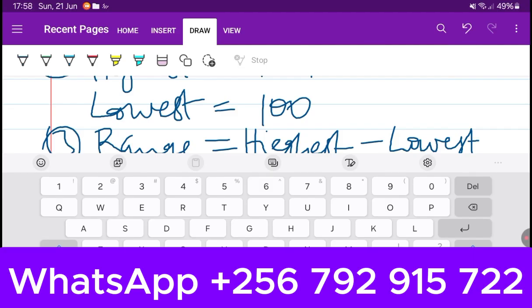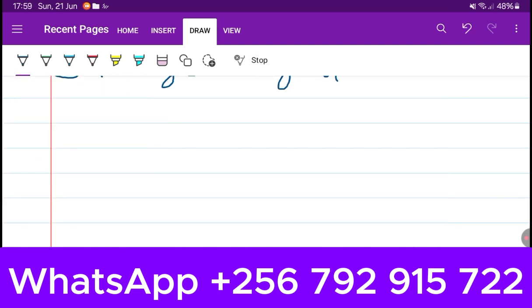So we get 134 minus 100, and this gives you 34. What is the fourth step? The fourth step is for us to find what we call the class width. And we said the class width is gotten by dividing the range over the number of classes.